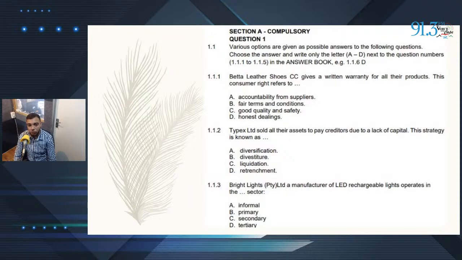So your answer there would be C. 1.1.3, Bright Lights Pty Ltd, a manufacturer of LED rechargeable lights, operates in what sector? Manufacture, we now know that is the secondary sector. Therefore, your answer is C.